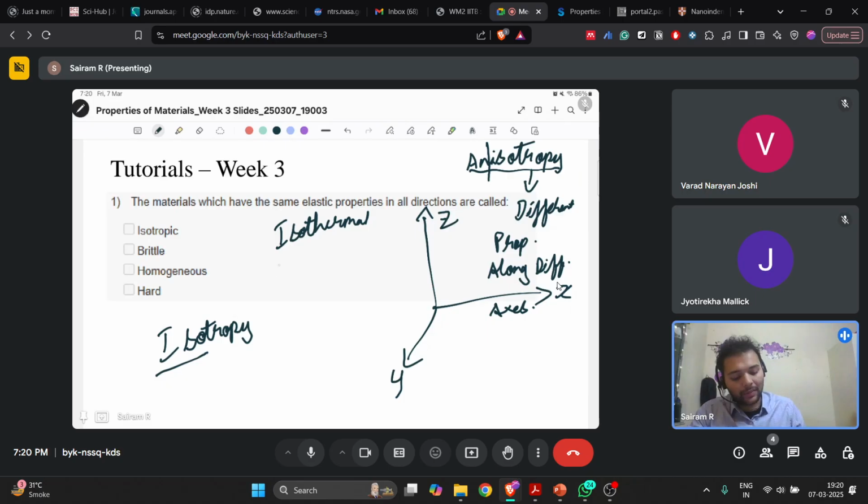The professor had mentioned the term isentropic over the course of this week's classes. When you have the prefix iso, it basically means it is same, it is constant, it is not changing. So when we have material properties, especially elastic properties, the same across all directions x, y, z, it is called isotropic in nature.